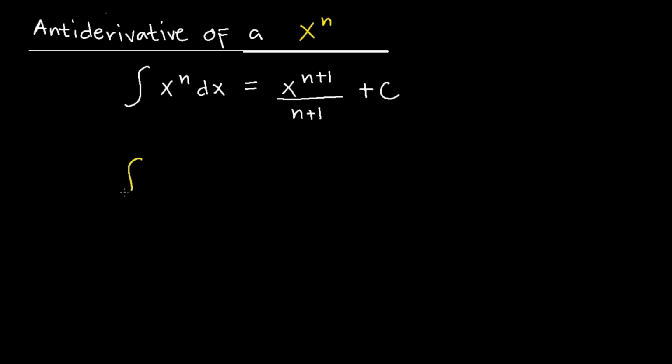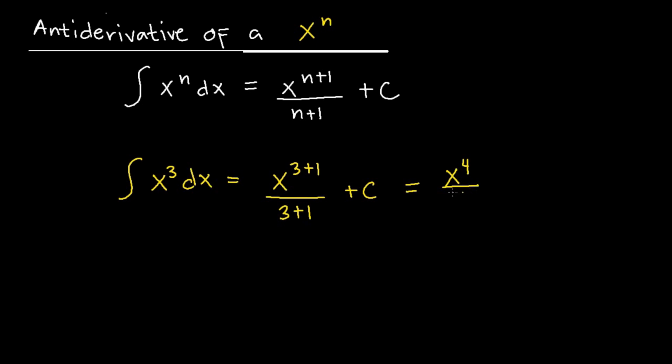For example, the antiderivative of x cubed dx. The antiderivative of that is basically x to the 3 plus 1 over 3 plus 1 plus c. So x to the 4th over 4 plus c.